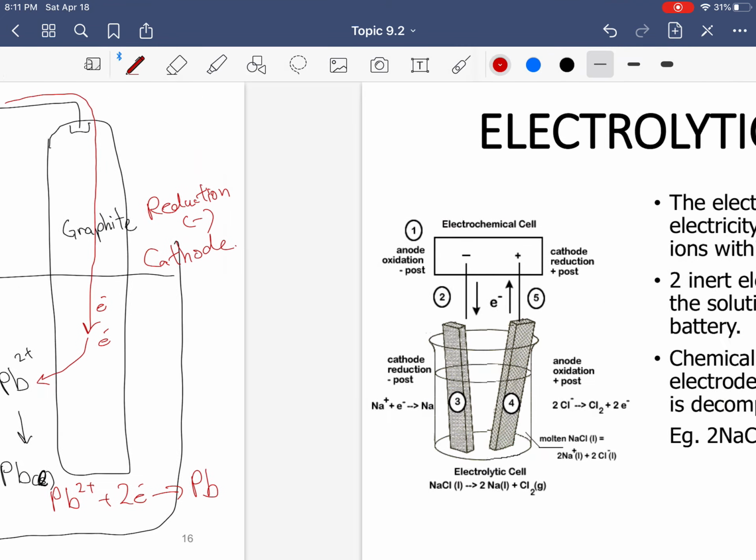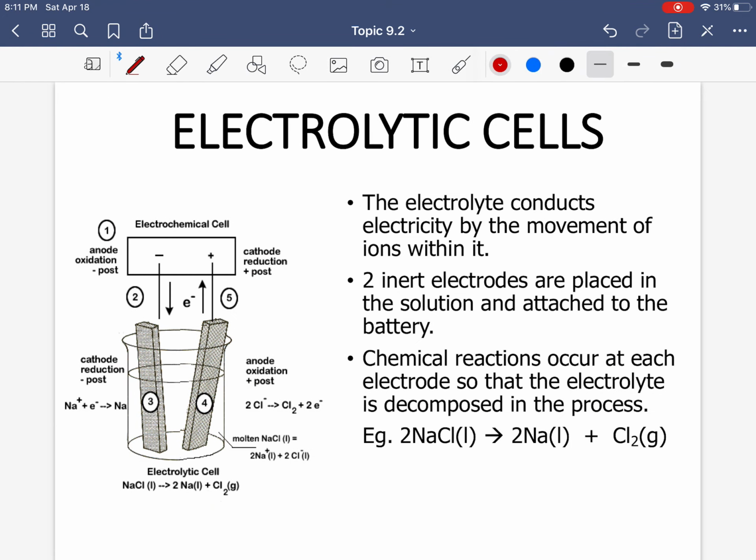I do have 2 examples for you to draw today. So here's the breakdown in terms of an electrolytic cell. In this example, I use molten NaCl as my electrolyte. And hopefully you can see here that this is the cathode and this is the anode.